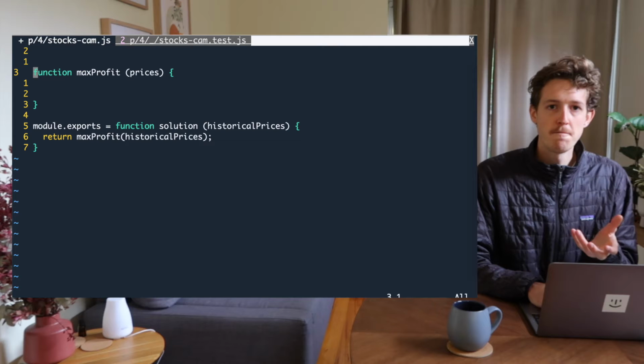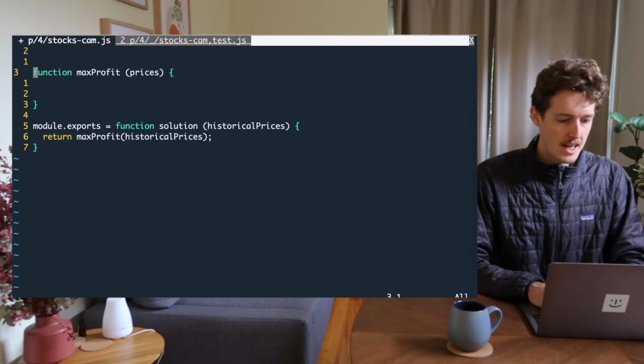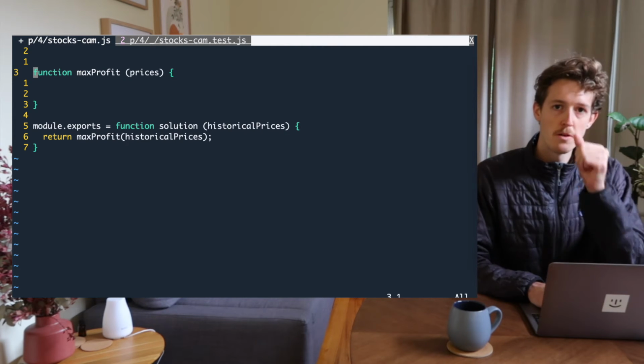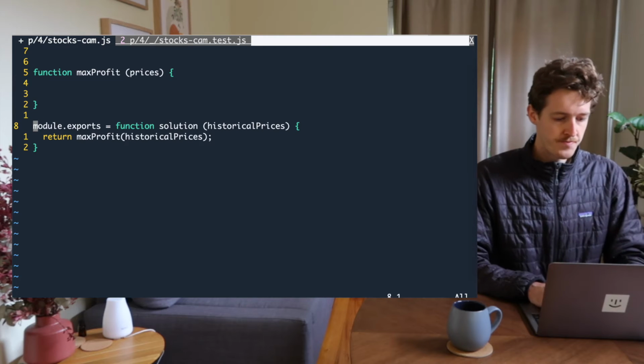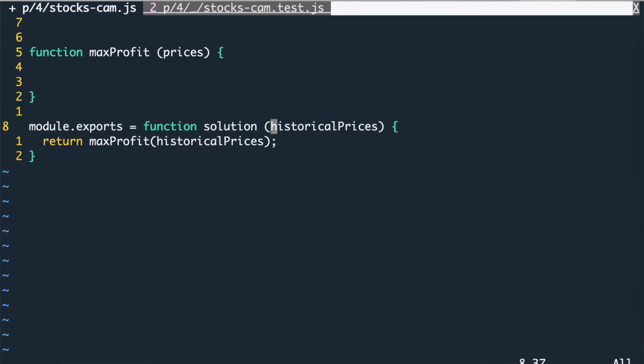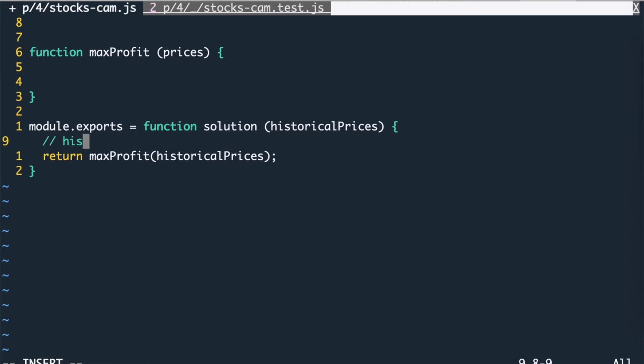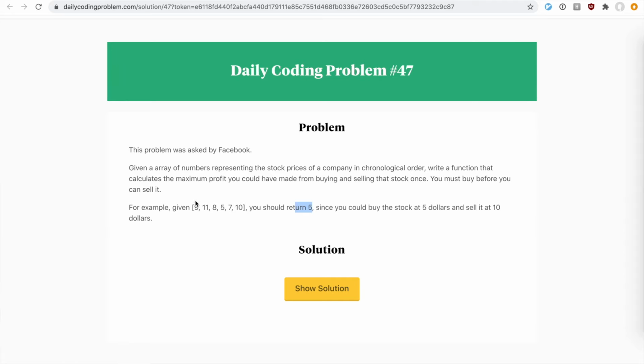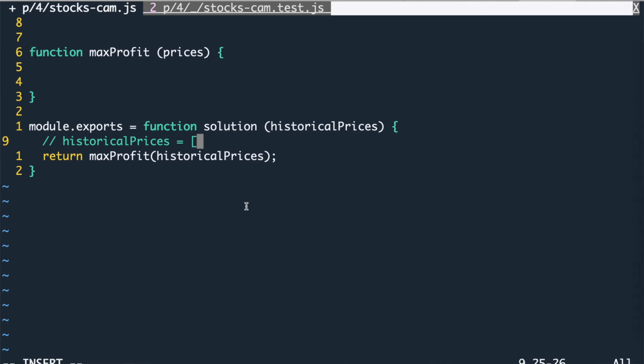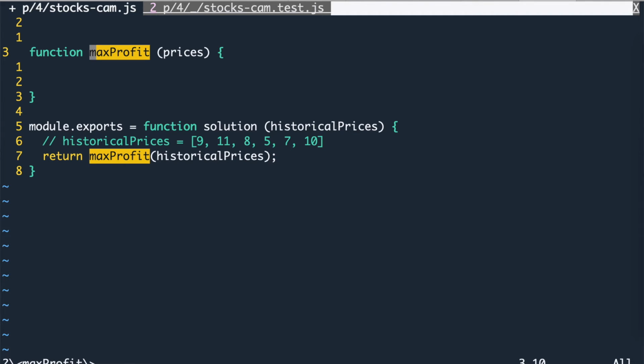So, okay, interesting. What do we want to do? Well, solution gets a list of historical prices, where historical prices could look like, in this case, that. So I've defined this function called max profit, which, given a list of prices, returns the maximum profit you could earn.